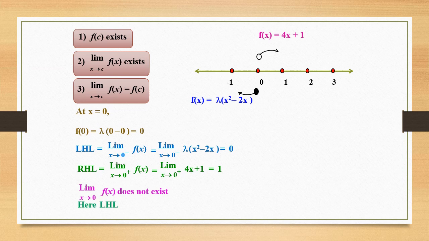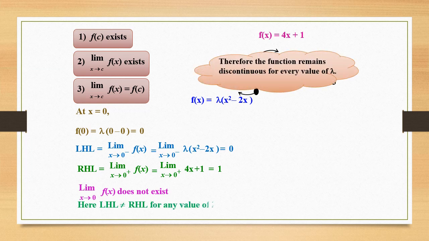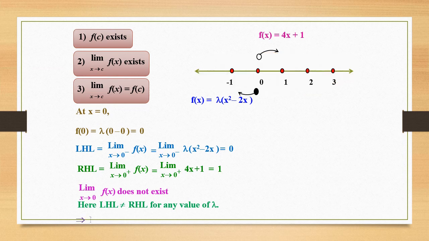We can observe that LHL is not equal to RHL for any value of lambda. They have asked us to calculate the value of lambda where the given function is continuous. But since LHL is not equal to RHL, there is no value of lambda for which the function will be continuous.